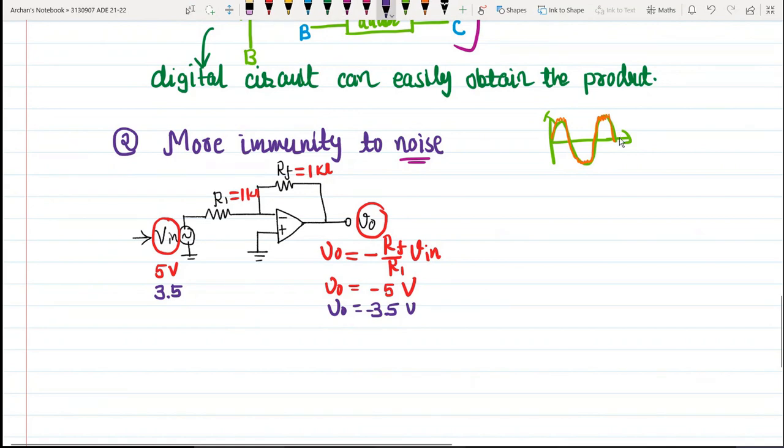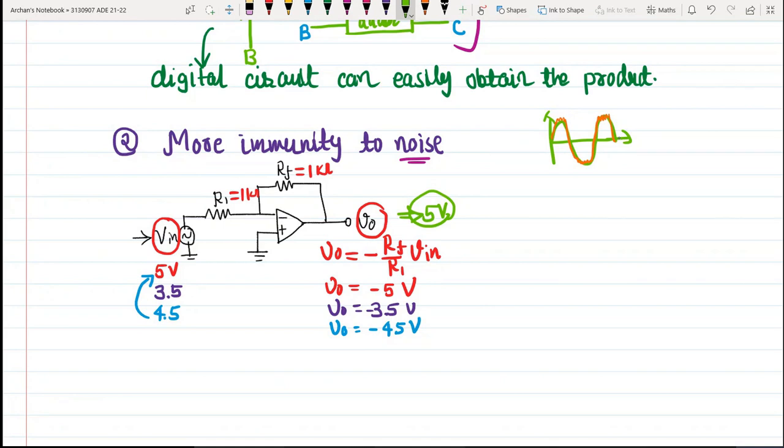So my input actually becomes 4.5 volt, not 5 volt, and this is the reason why the output voltage we are getting is minus 4.5 volt, not 5 volt. Our target output is 5 volt only, but because of this noise the output becomes minus 4.5 volt. So this is the effect of noise on the output of this analog circuit.